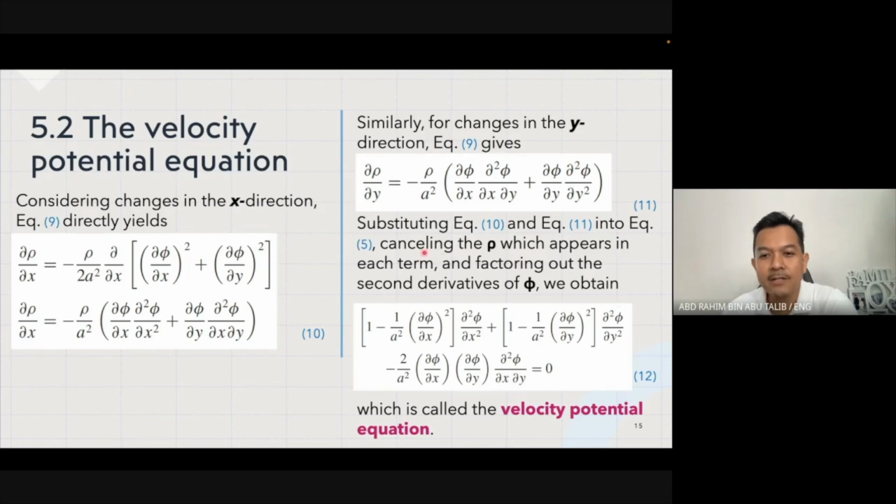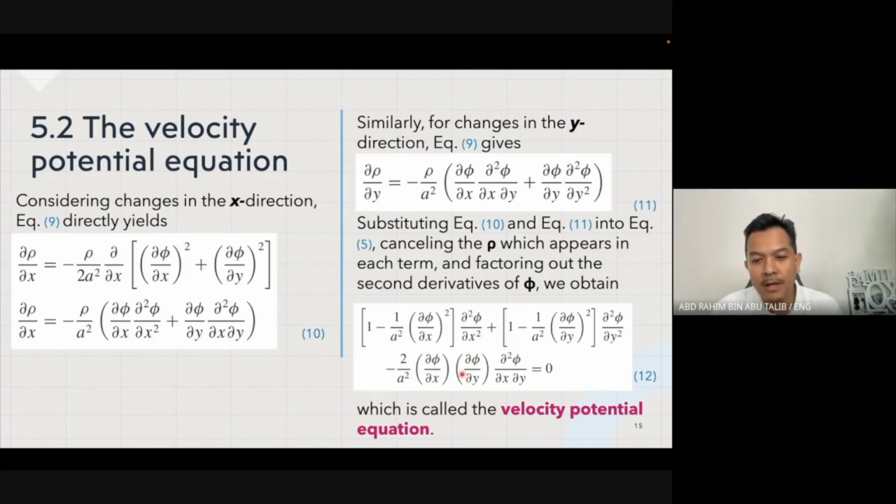So cancelling the density component, we can easily cancel the density components which appear in each term, and factoring out the second derivatives of phi, we can now obtain this expression, okay, which is equation number 12, right? Which is called the velocity potential equation, right?